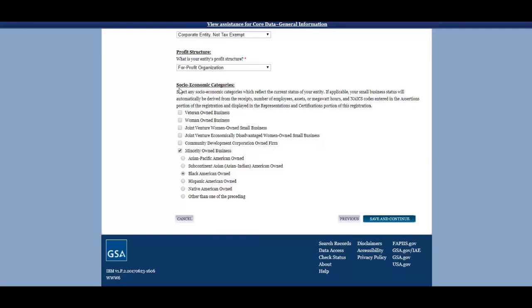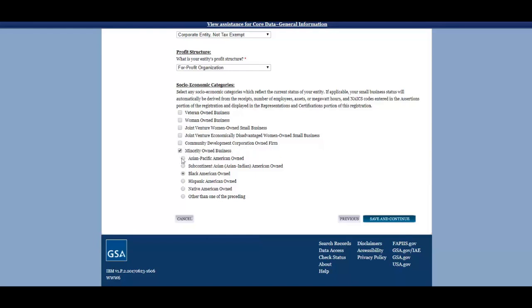All right, now we're down to socioeconomic categories, and you can see the list. Veteran-owned, woman-owned, joint venture, woman-owned, small business, joint venture, economically disadvantaged, woman-owned, small business, community development corporation-owned firm, minority-owned business.